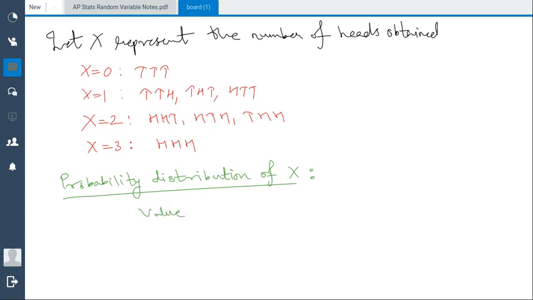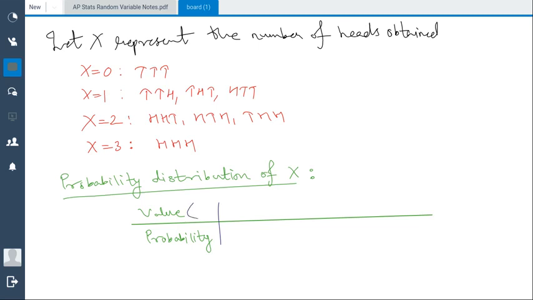Probability distribution of X: value and probability. So what are the values which X is taking?